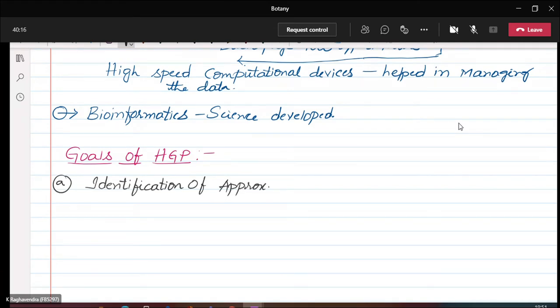Second, the main goal is to determine and sequence the 3 billion base pairs of human DNA.